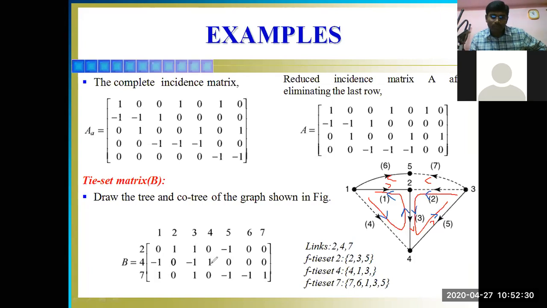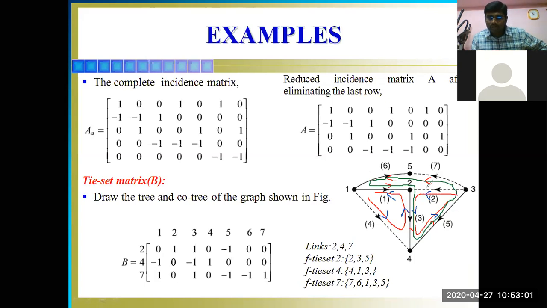Now you come to another loop, the one we drew from 7. Now see, 7, 6, 1, 3, 5 are present.